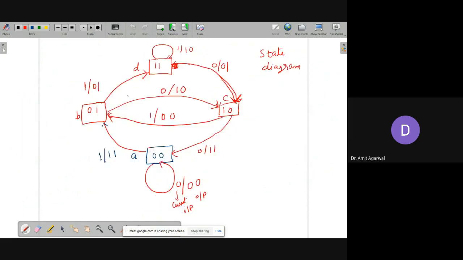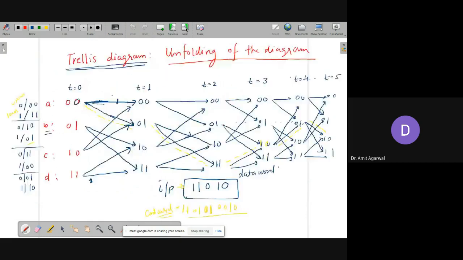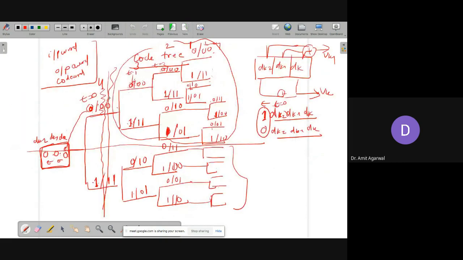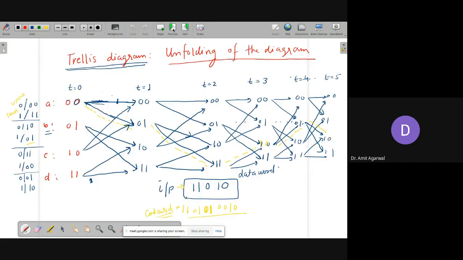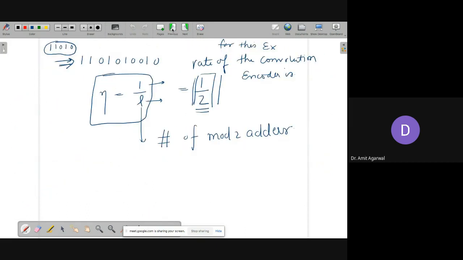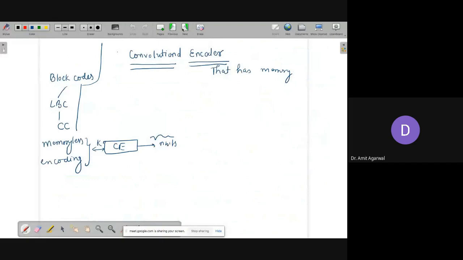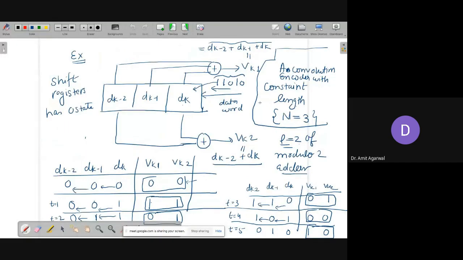Now how to get a code word using this code tree will be done in the next class because time is over. So what we have done today: we have seen the convolutional codes, that is memory. The constraint length is n, equal to the number of shift registers.